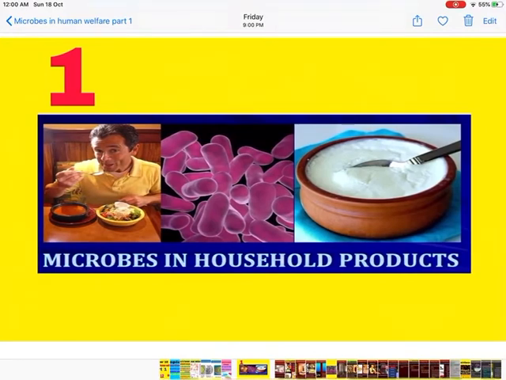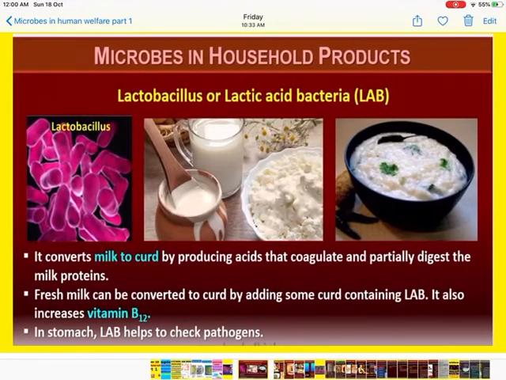First of all, let us see microbes in household products. Example number 1, Lactobacillus, which is also called lactic acid bacteria or LAB. How is it useful? It converts milk to curd. How?